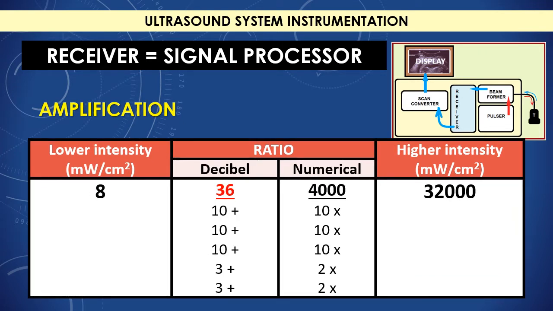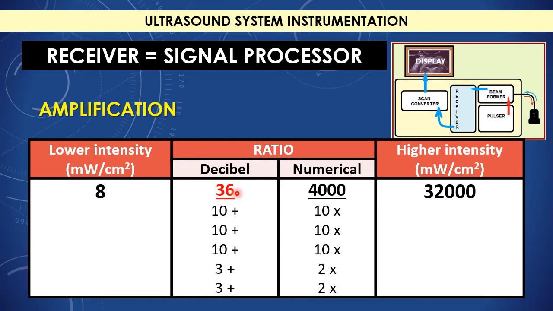Another example with magnification. Again, we have the lower intensity and the higher intensity, and we have here the ratio. The ratio will be in two forms, either the decibel format or the real life numerical format. We have here a very low intensity, like 8 milliwatt per centimeter square, and we apply 36 decibels of magnification.